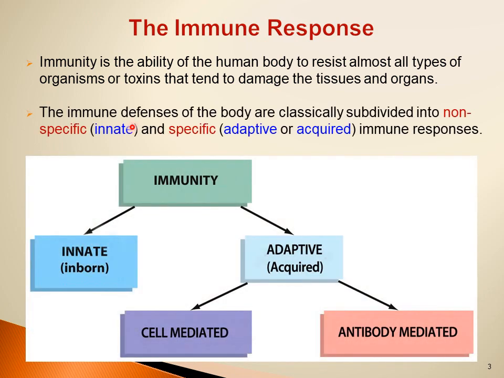The immune defenses of the body are classically subdivided into non-specific or innate immune response and specific, also called adaptive or acquired immune response. So immunity has an innate type and an adaptive type. In today's session, I'm going to cover the innate or inborn immune response.